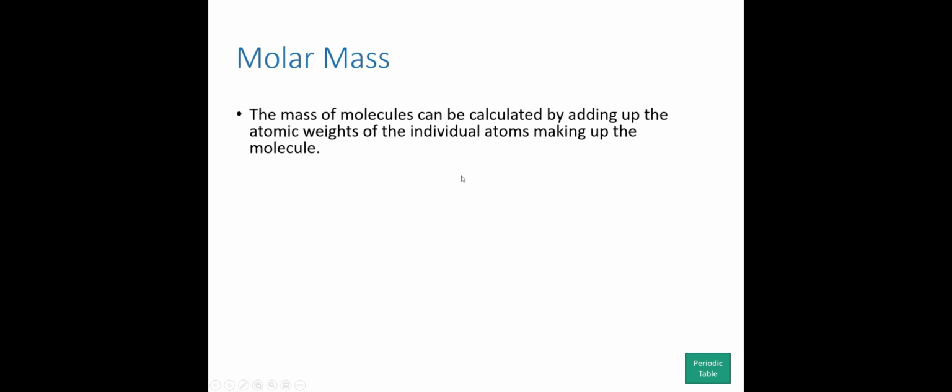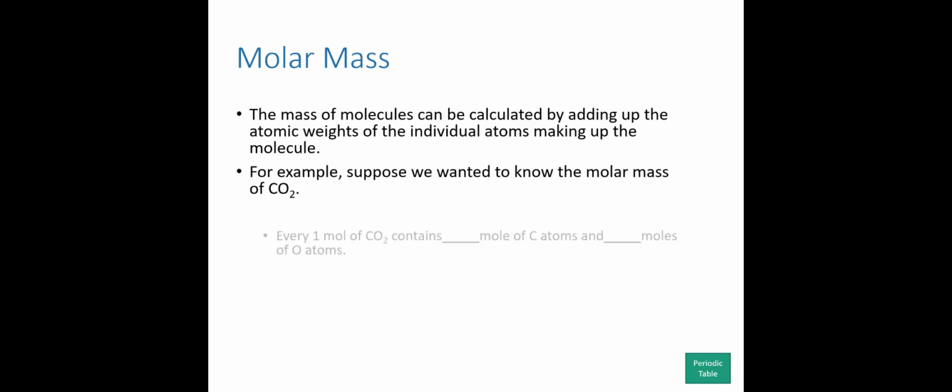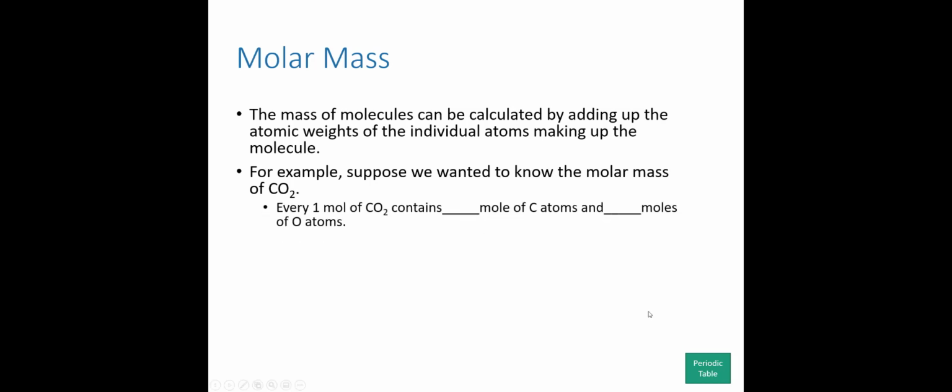So we can essentially find the molar mass of any molecule by doing the same process that we just did for carbon dioxide and water. We're simply going to do it with different units. So we already saw here that every 1 mole of carbon dioxide contains 1 mole of carbon, and it contains 2 moles of oxygen atoms.